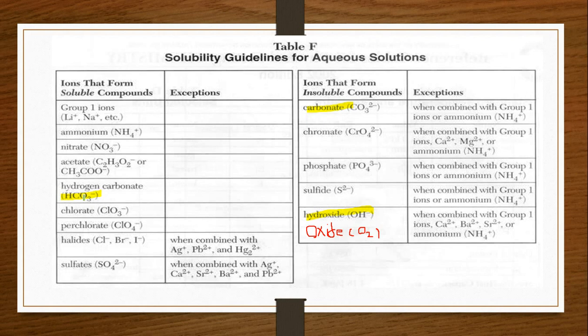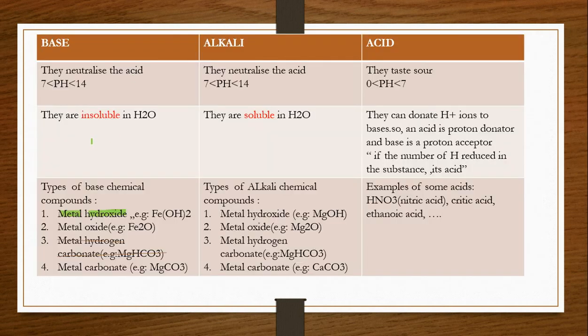Because bases are always insoluble, hydrogen carbonate is never in a base, so I've crossed it out. So generally we've got number 1, number 2, and number 4 as bases. You can compare every example here to the table and figure out for yourself how the solubility works.